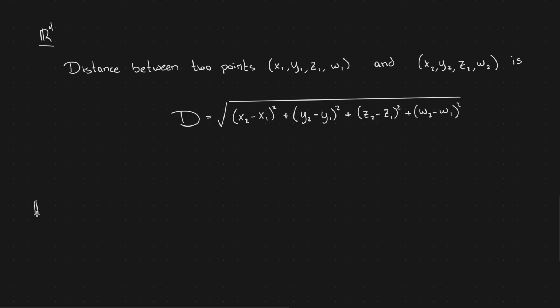And more generally, Rn for any number of dimensions n. Could be 2 or 4 or 5 or 7 or 103. The distance between two points, and let's call our two points A and B. So I'll call point A, and it has coordinates a1, a2, all the way to an.